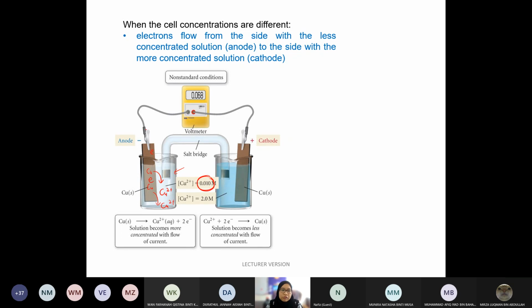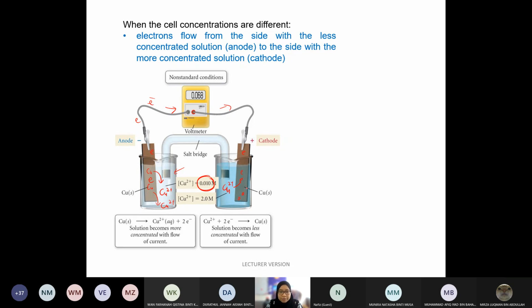This electron will flow through the external wire from the anode to the cathode, and it will be accepted by copper 2 plus. When copper 2 plus accepts the electron, it becomes a copper atom.